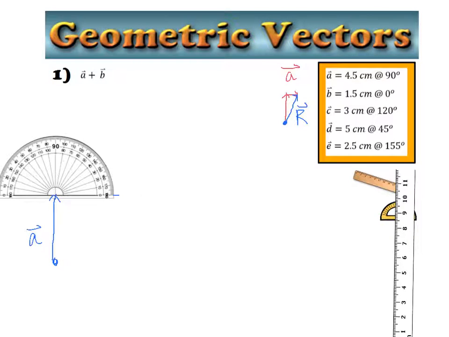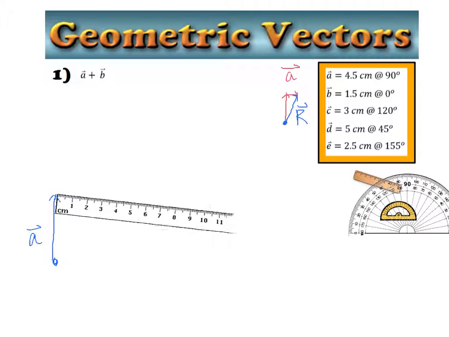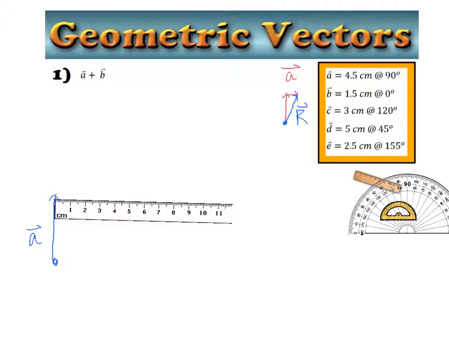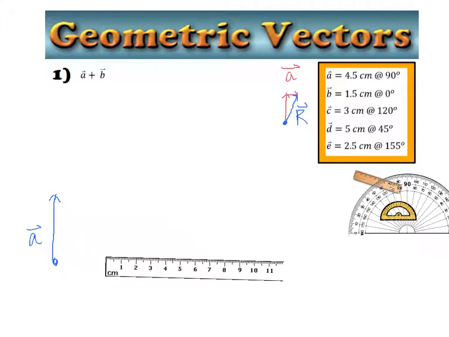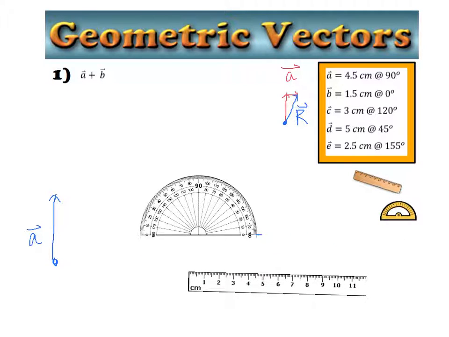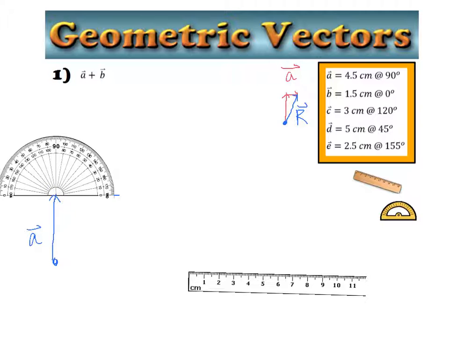And then get rid of the protractor, grab the ruler. I'm going to rotate this around, start at 0 on that tip, and I have to hit that line that I marked. Uh-oh, where'd my line go? I marked it on the protractor. That's not going to work. Let's make it a little bit farther out there so it doesn't attach to my protractor.